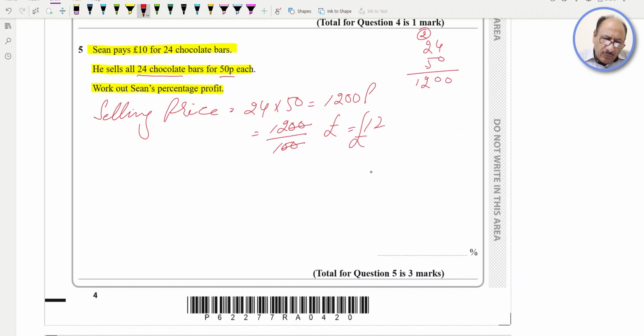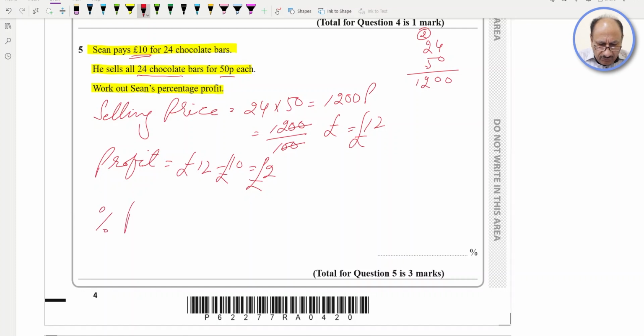Now the profit will be, purchasing price is 10, so profit will be equal to 12 pounds minus 10 pounds, and this will be equal to 2 pounds. So 2 pounds is the profit, and percentage profit, which is our target, will be 2 pounds profit against 10 pounds because the investment was 10 pounds.